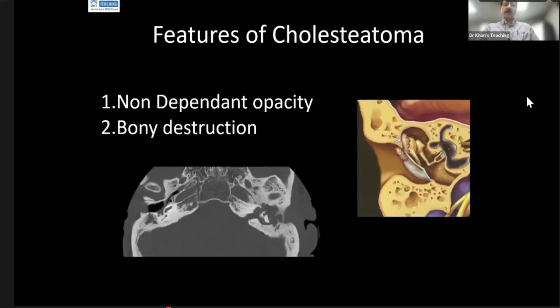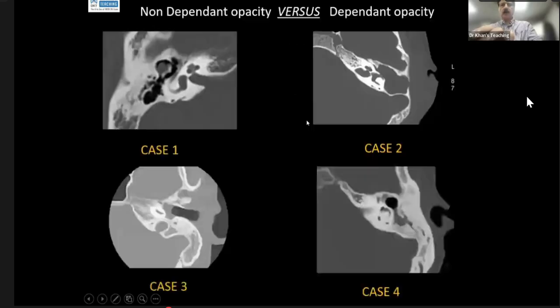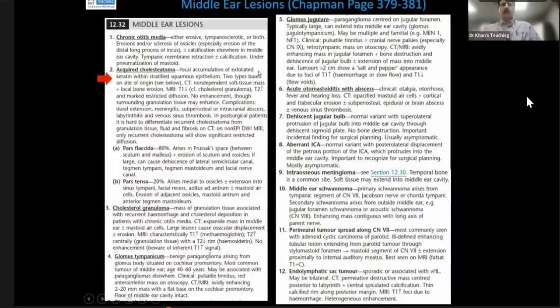First thing is cholesteatoma. Now, let me tell you a few theoretical points about cholesteatoma before we see the cases. So this is from Chapman.